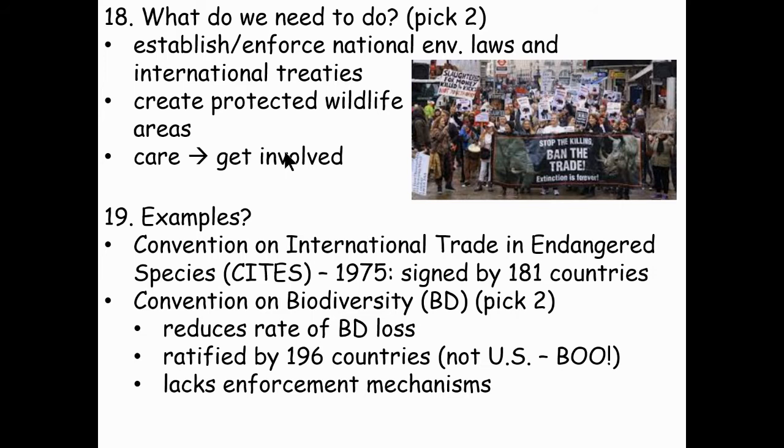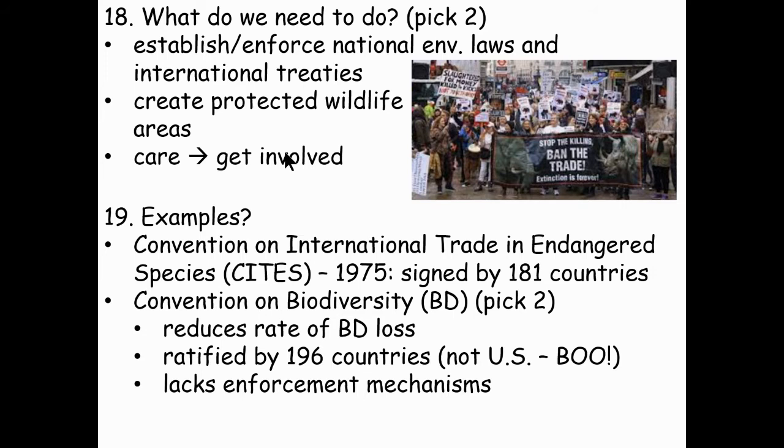Just pick two of these for the Convention on Biodiversity. 196 countries, not the United States, at least as of 2015 when this book was written. Hopefully, the new administration, the Biden administration, has ratified this.